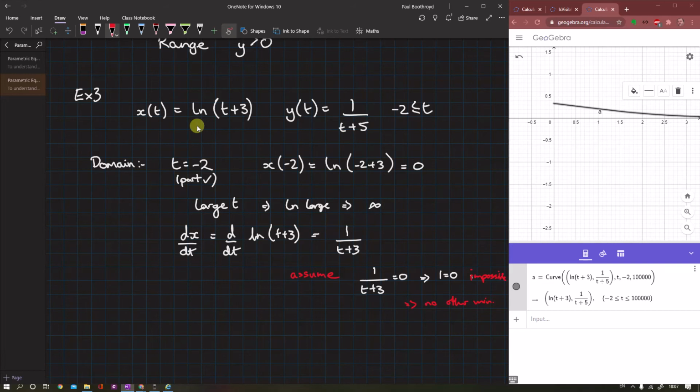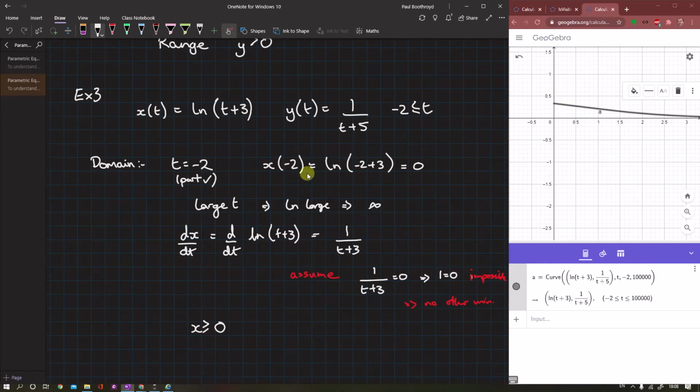What we have to be careful of, though, is making sure we say the domain is x from 0, and as it increases, it went up to infinity. So x is actually greater than or equal to 0.